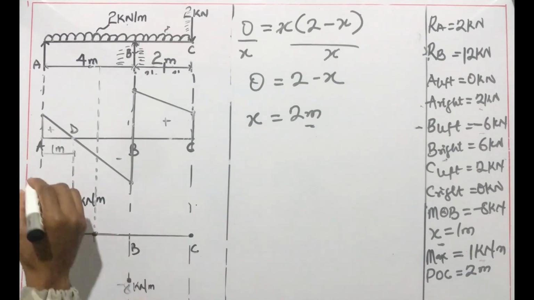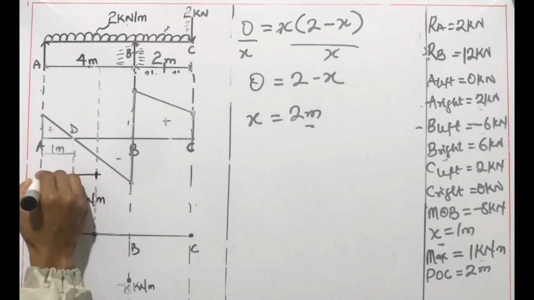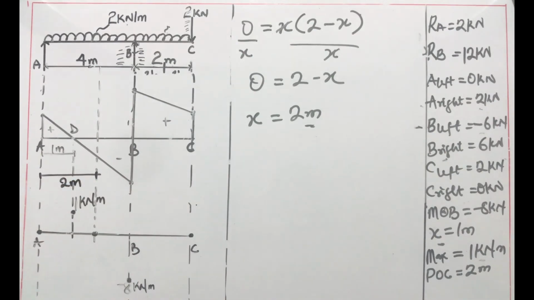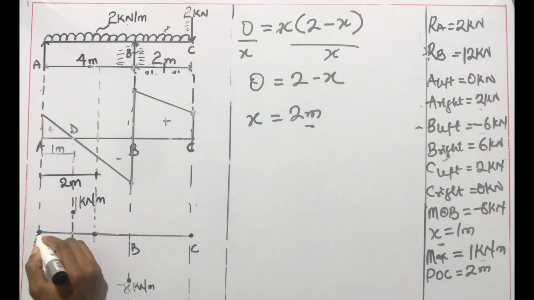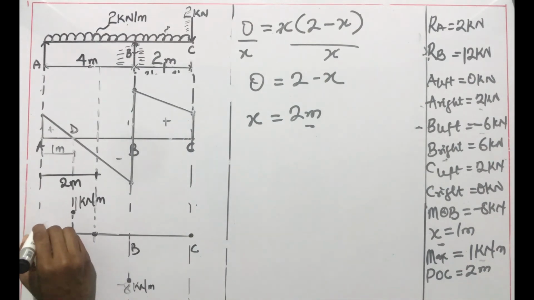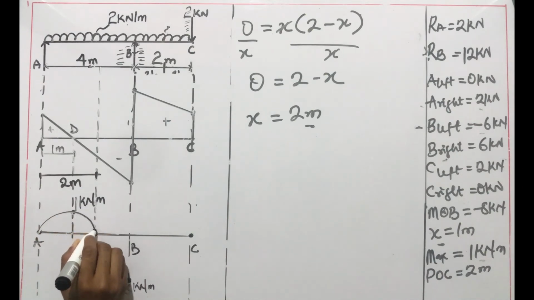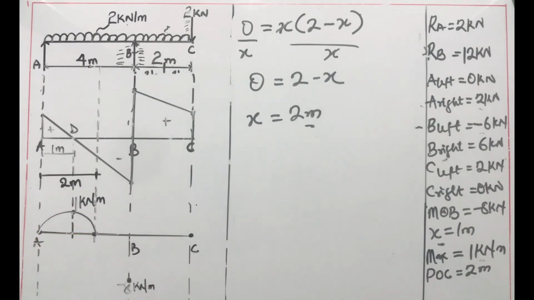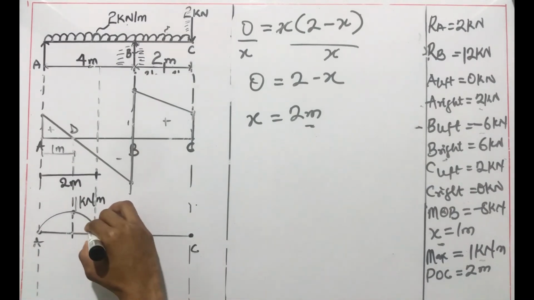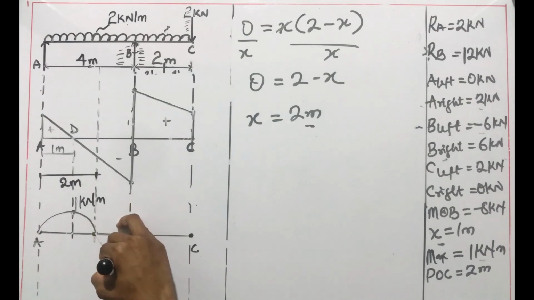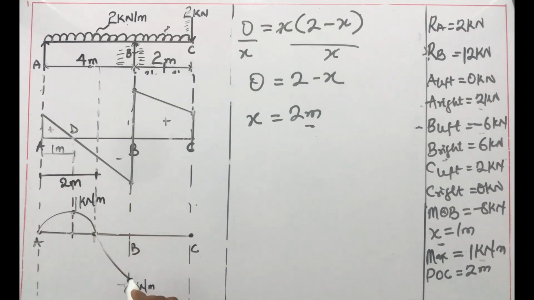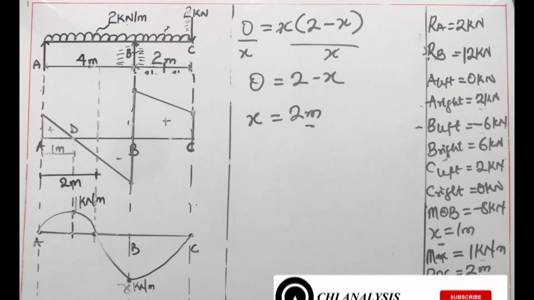Now that we've gotten all our points set, we're going to join these points with a curve as we have a UDL throughout its span, and then to the final point, C. This is the bending moment diagram for this equation.